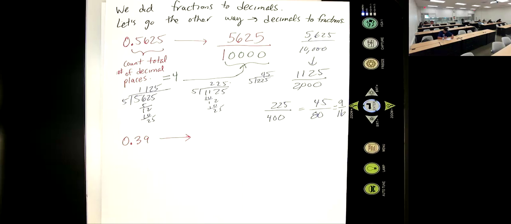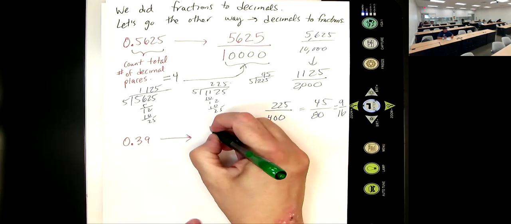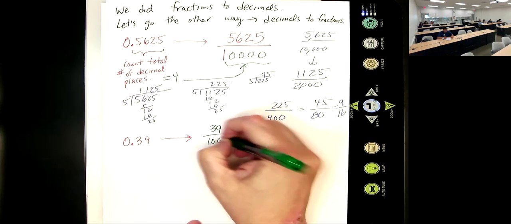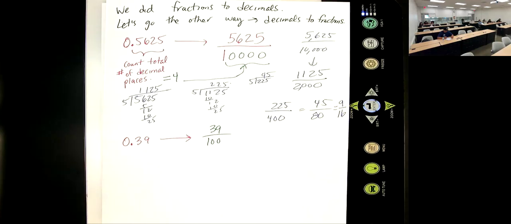What should I have? 3900s, or 39/100, that's right. Straightforward.